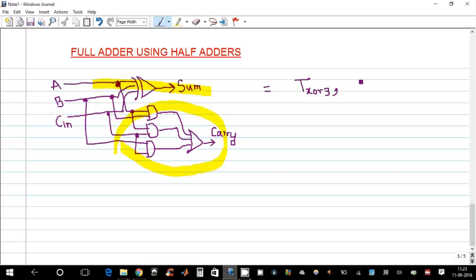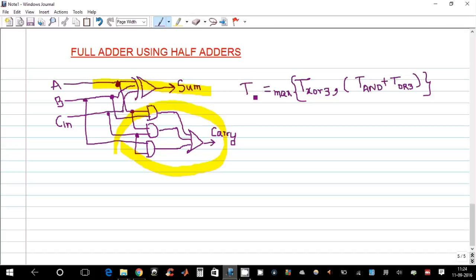That will be the delay of one 2 input AND gate. Since it is 2 input, we need not bother about adding 2 here. With the 3 input OR gate, the delay for the full adder will be the maximum of these two.